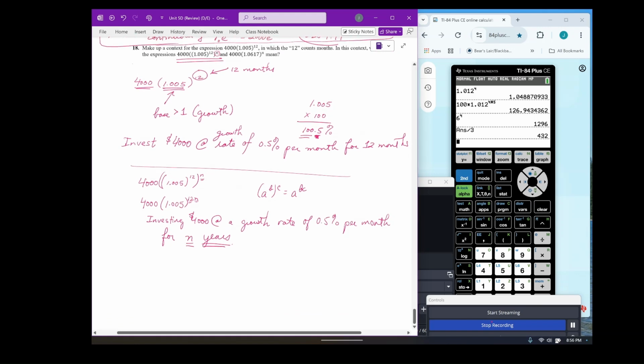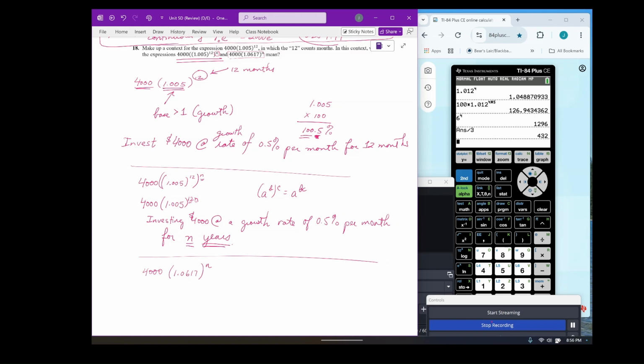Now, this part right here, that's a little different looking because now that 1.005 is gone. So if we look at that one, 4,000 times 1.0617 to the n. Now, what I'm going to do is I'm actually going to type in this.